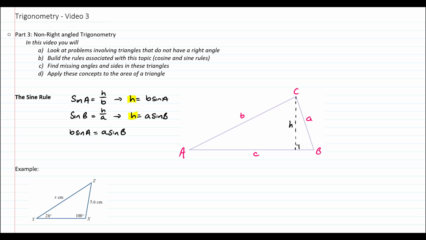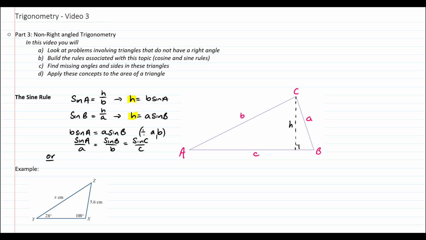And by dividing through by our A and our B value, we get the sine rule. Sine of A over A is equal to sine of B over B. Now, if we were to drop our line that created right angles with the base from a different side, so from vertex A or B, we would also get this ratio, sine of C over C. And it holds for all three situations and three options.